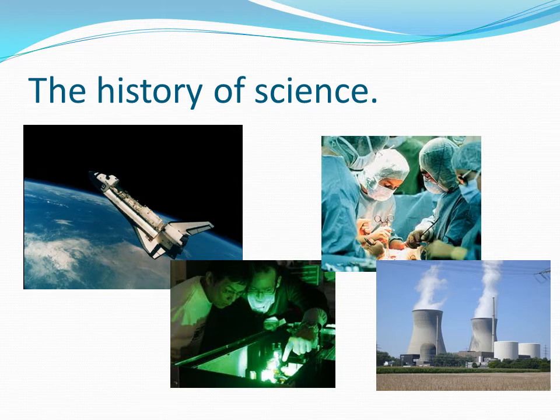So we'll take a little tour in the history of science. And we need to do this because our world is dominated by scientific thought. And whether you're aware of it or not, all of us think in scientific terms.